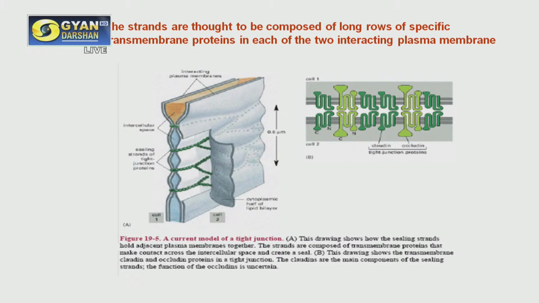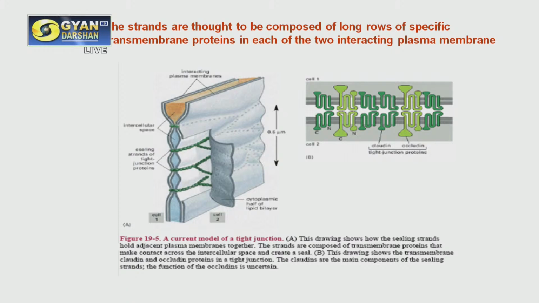You can see in the left hand side figure the two cell surfaces, and the two cell surfaces are actually tightly sealed by some chain-like structures, marked with green.